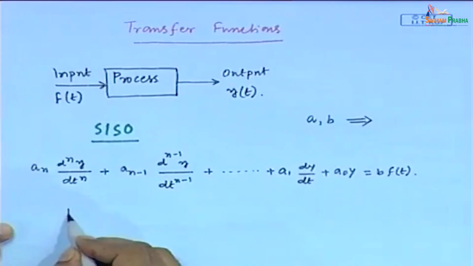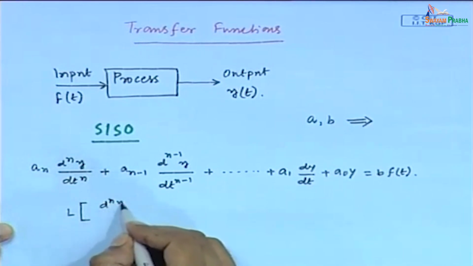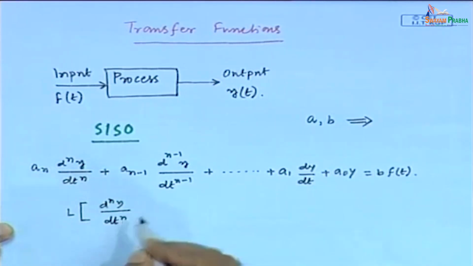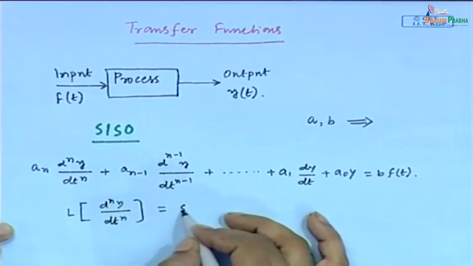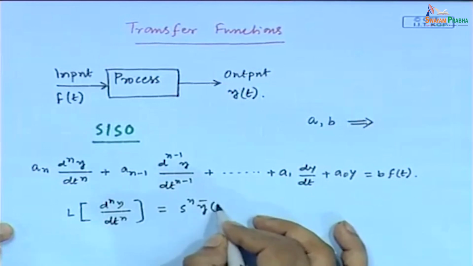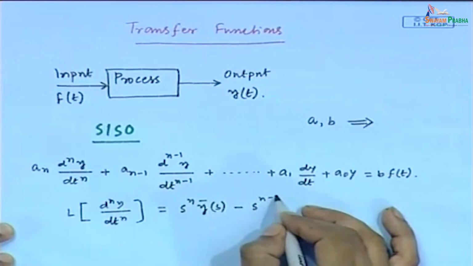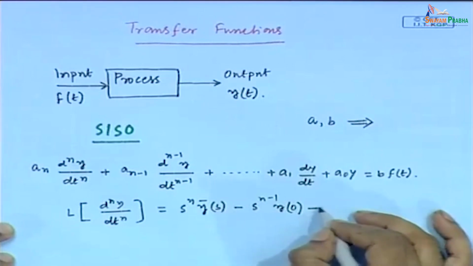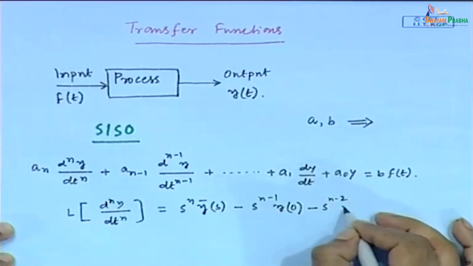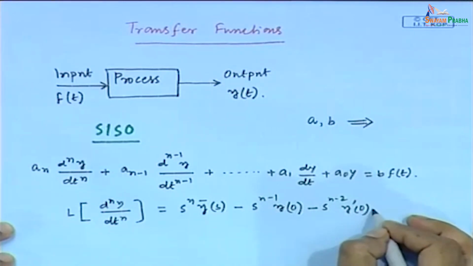What is the Laplace transform? If we consider the Laplace transform of d^n y/dt^n, this is equal to s^n y bar(s) minus s^(n-1) y(0) minus s^(n-2) y'(0), like this.